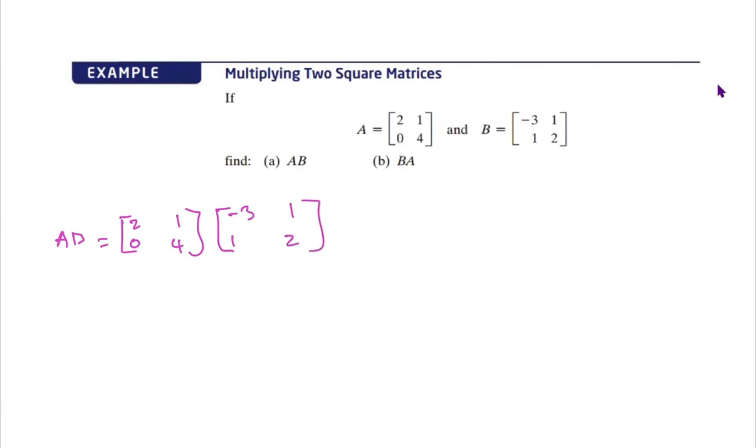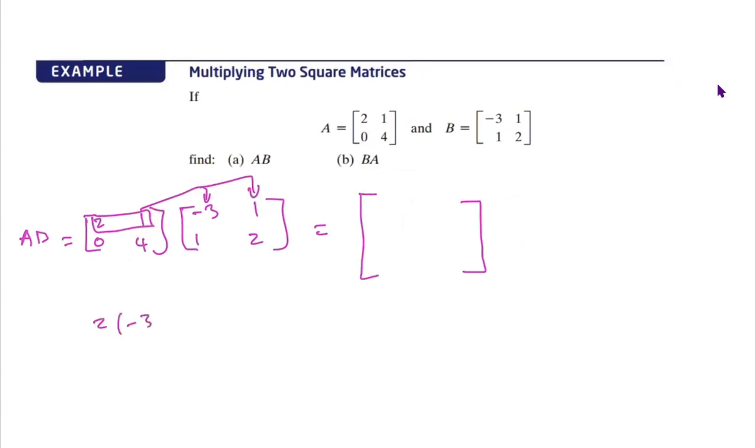Now let's multiply. First, we work with the first row with the first column, then the second column. So first row with first column: 2 times negative 3 plus 1 times 1.